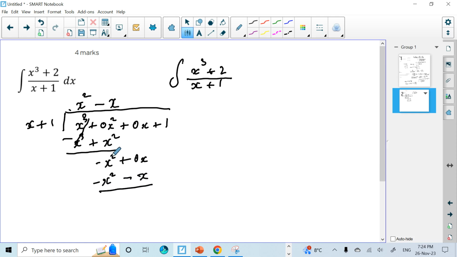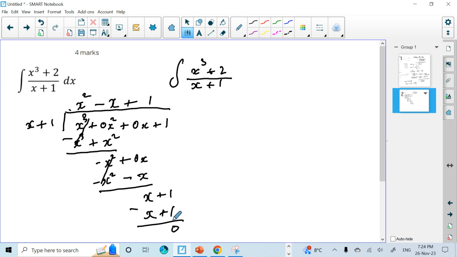Again, subtract, your x squared terms have gone. So you have 0x minus minus x, which gives you plus x, and plus 1. That's great, because what do you have to multiply x plus 1 by in order to get x plus 1? Well, you multiply by 1. So that gives you x plus 1. And you subtract, and you get 0.